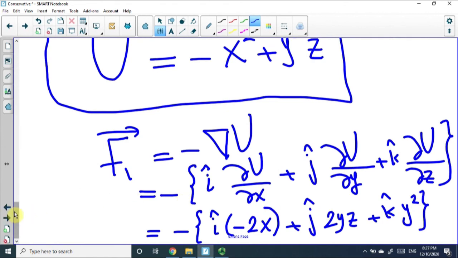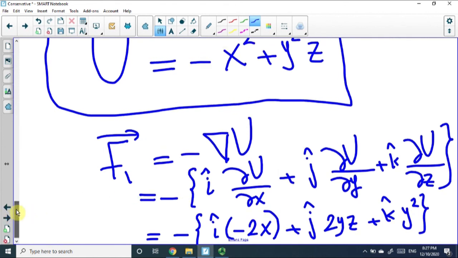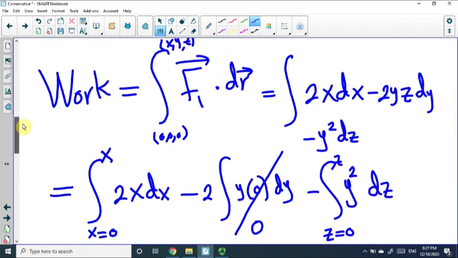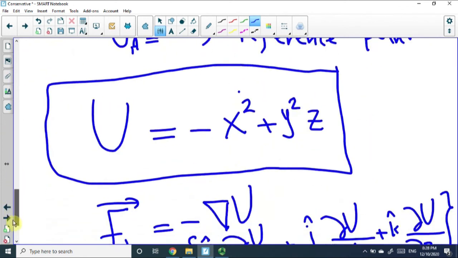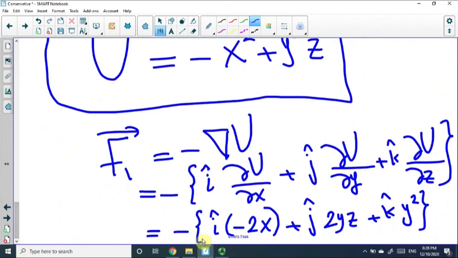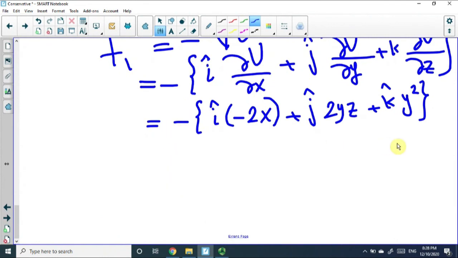Now let's check, is this the correct force that we started with? So we got 2x, that's the x component, and then minus 2yz, and finally the last component is minus y squared. Is this correct? Yes, it is. So that's exactly force number 1 in the question. So we are done with the first part of the question.